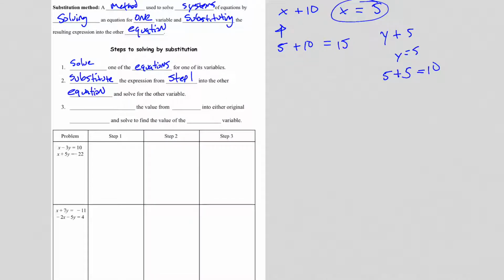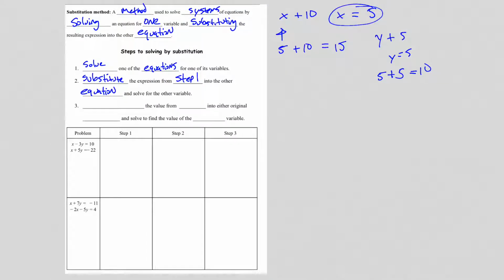Step 3: once you've solved using substitution and found a value for x or y, substitute that value from step 2 into either of the original equations and solve to find the value of the other variable.